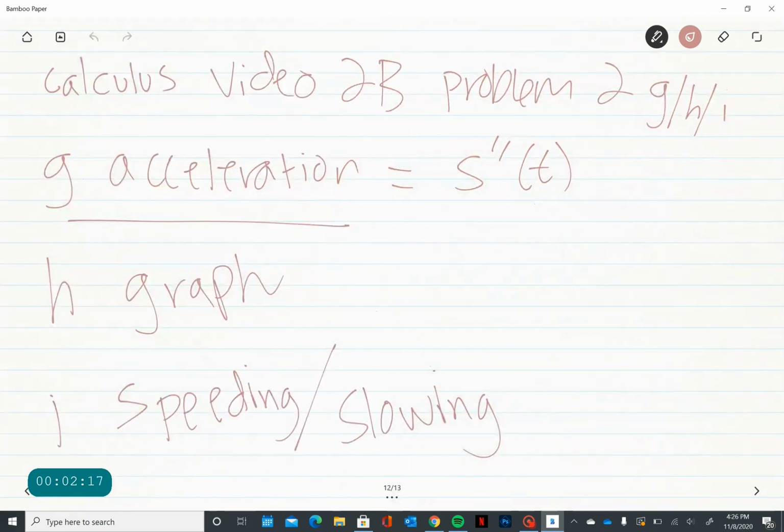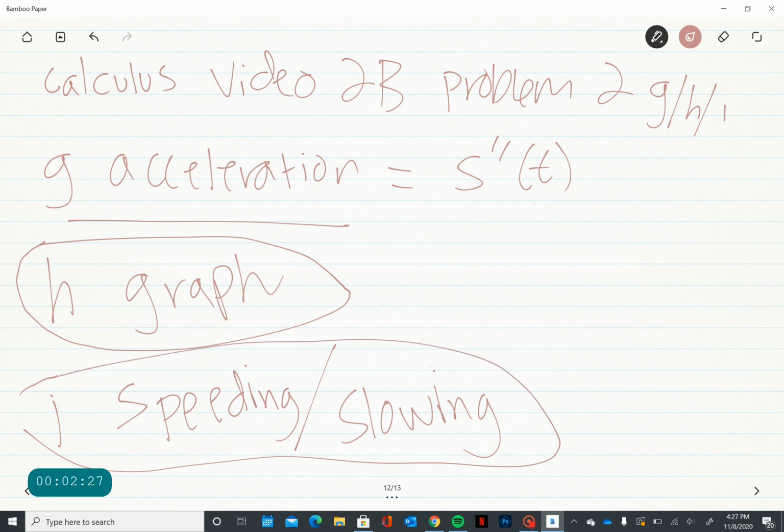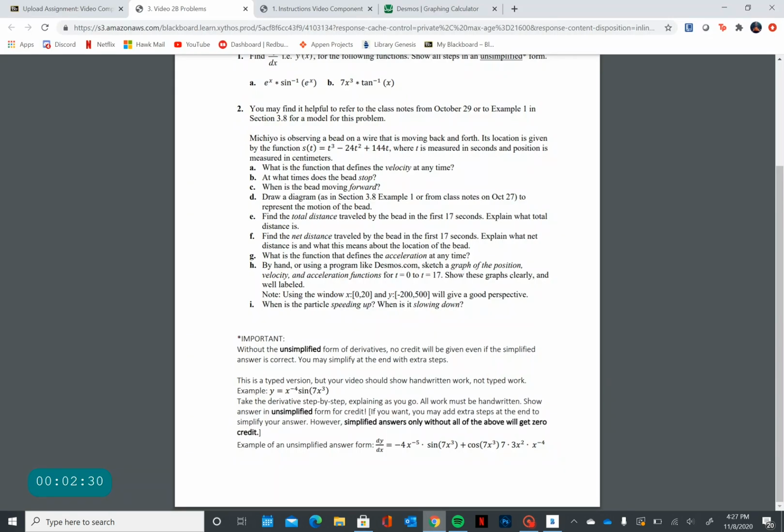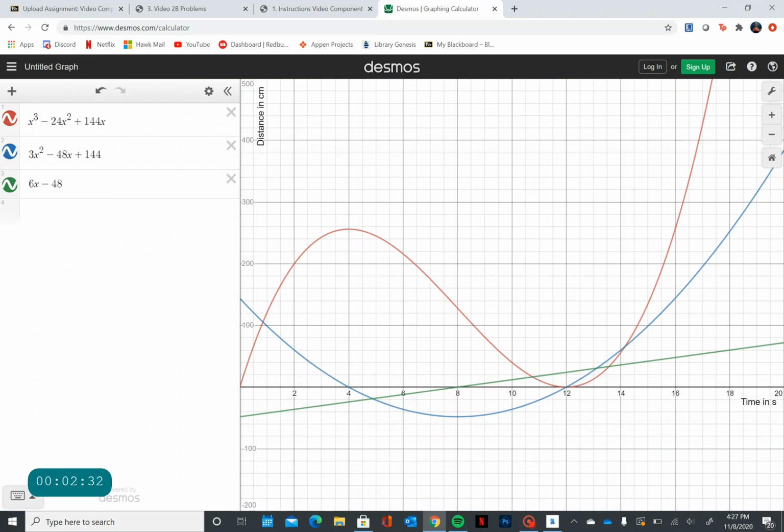And if we go back, H asks us to graph all three functions, and I is figuring out when it is speeding up and slowing down. So I already graphed them in Desmos. You can see on the x-axis we have time in seconds, and the y-axis is distance in centimeters. So the red graph is showing the position time, the blue graph is showing velocity, and the green graph is showing acceleration.